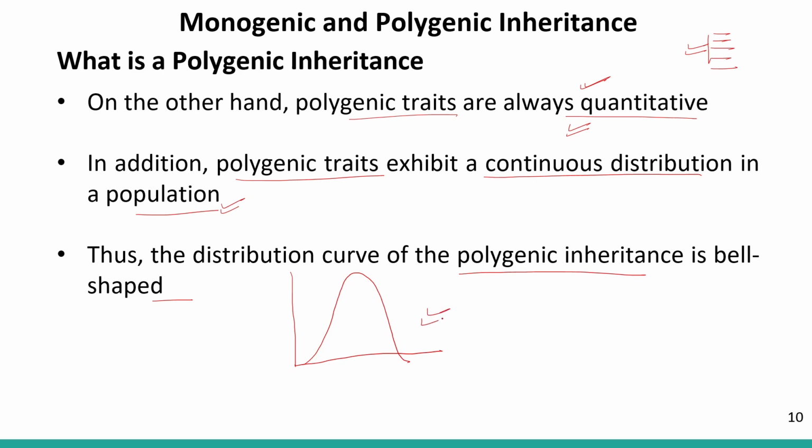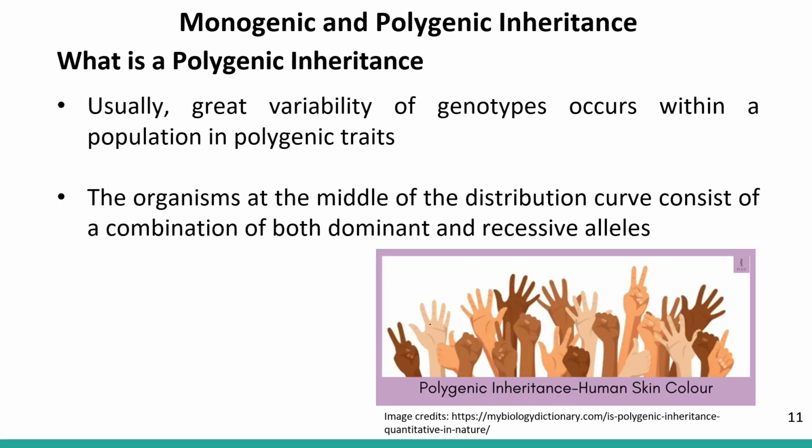We will see with one example. Usually great variability of a gene occurs within a population in polygenic traits. The organisms at the middle of the distribution curve consist of a combination of both dominant and recessive alleles. The very best example of polygenic inheritance is human skin color. And in human skin color we have a bell-shaped curve, right?